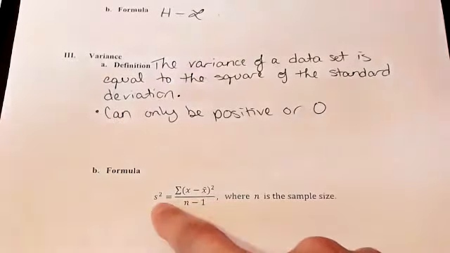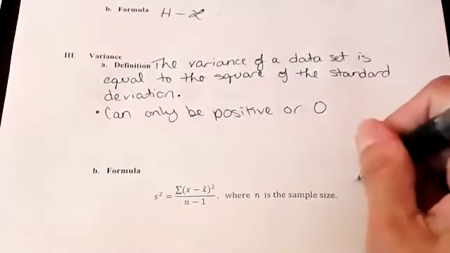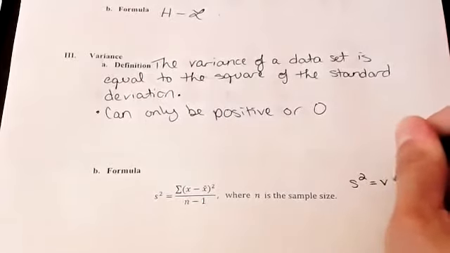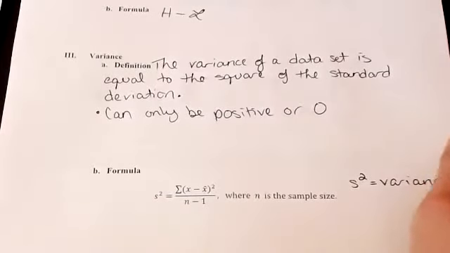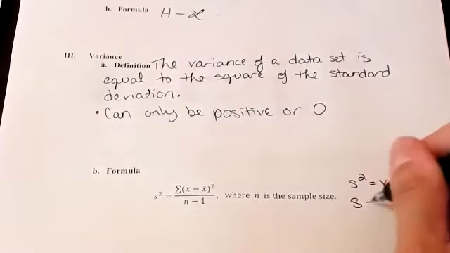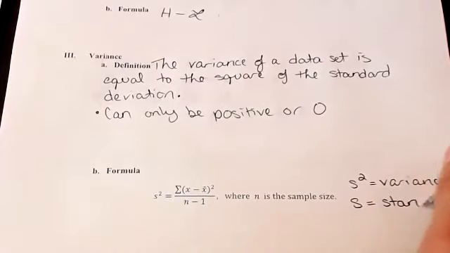S squared is the notation for variance because it's the square of the standard deviation. So that means S, lowercase, is standard deviation. I'm going to note that here again. So S squared is variance. S is standard deviation.